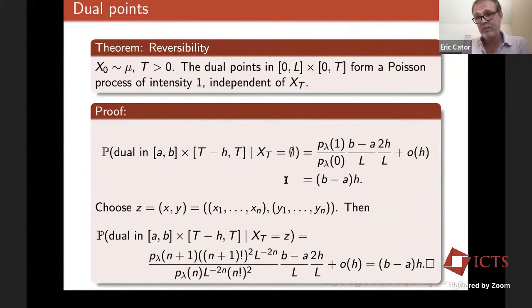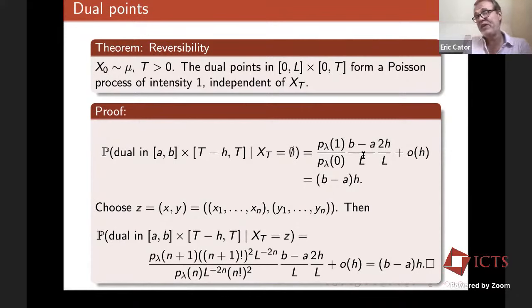So what has to happen? How can we get a dual point? Well, I have to start with one positive particle at time t minus h and one negative particle, and these two particles have to annihilate. And when they annihilate, you end up with a dual point and also with the empty set at time t, which is what we need. So you get p lambda 1, the probability of having two particles, a plus and a minus. I divide by p lambda 0 because of the conditioning. So that's this one.